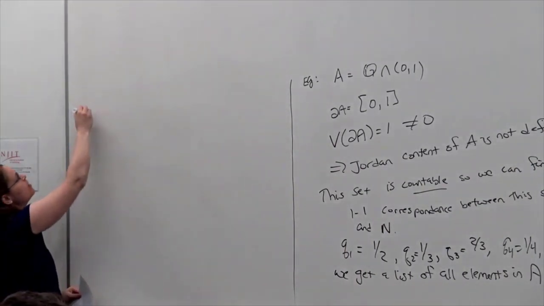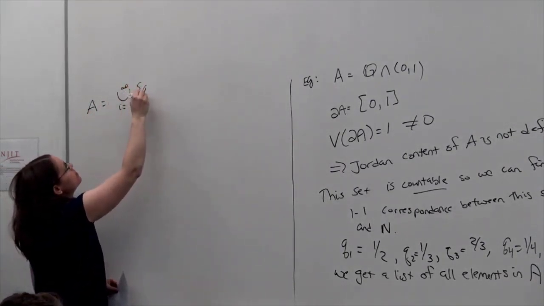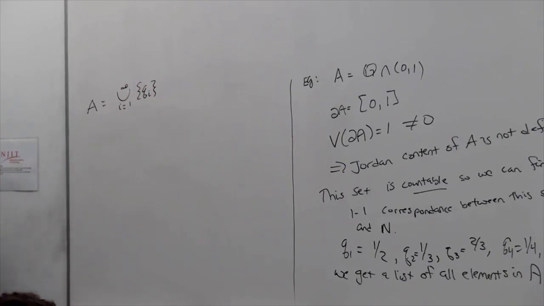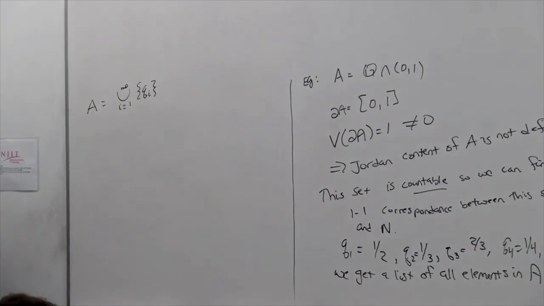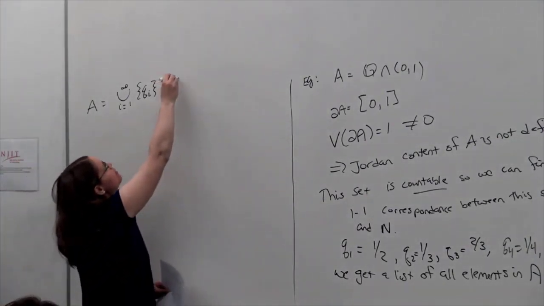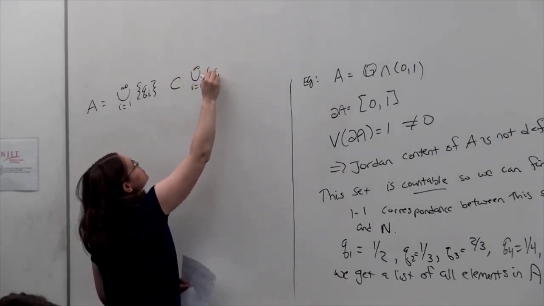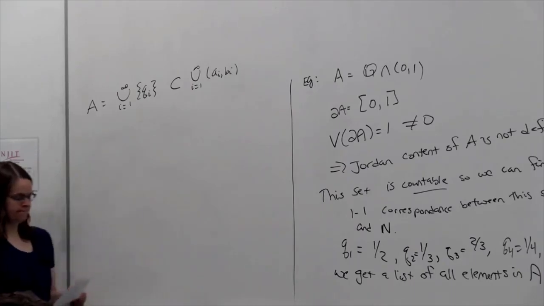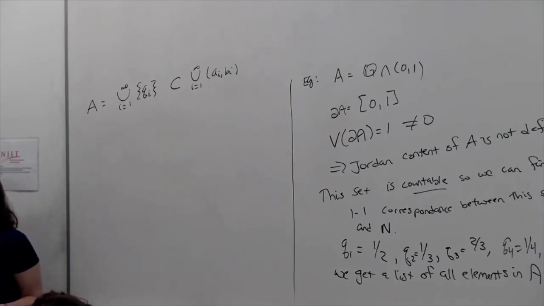So we definitely have now that A, which was just the union of all of these QIs, by construction, is contained in the union of all of these AIBIs. We've used this trick before: we cover a bunch of things, and then just stick one interval around everything.